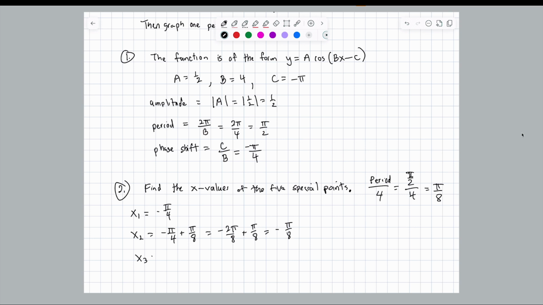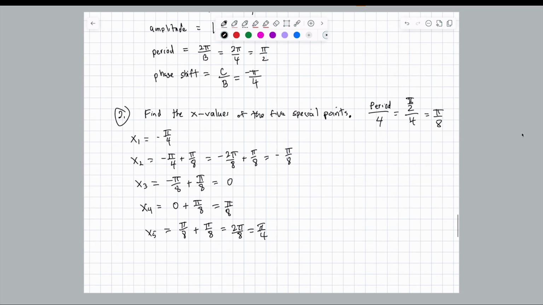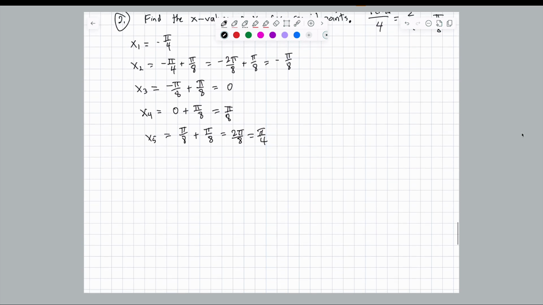So x3 is negative pi over 8 plus pi over 8, which gives us 0. x4 is 0 plus pi over 8, which is pi over 8. And then x5 is pi over 8 plus pi over 8, which is 2 pi over 8, or pi over 4. Okay, so that's our x values.